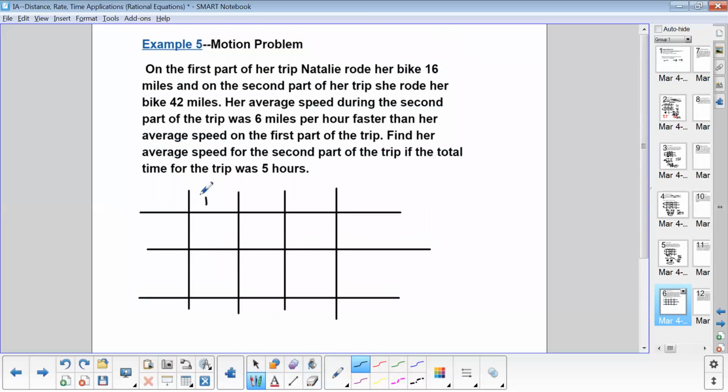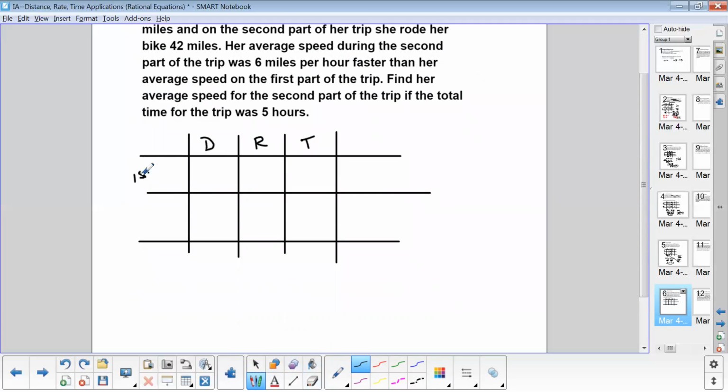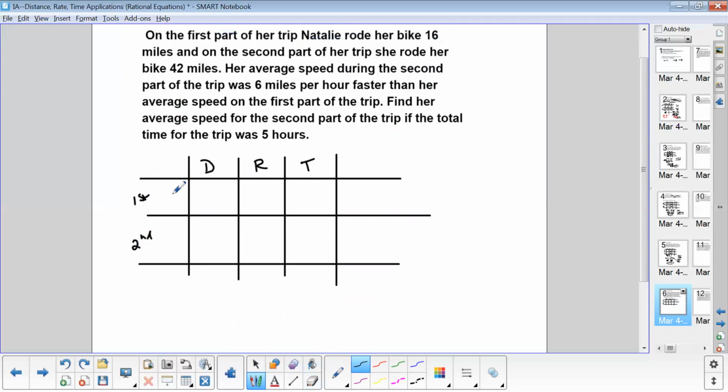So we'll say distance, rate, time, and we'll look at the first part and the second part of her trip. The first part of her trip, she rode her bike 16 miles. Second part, she rode it for 42 miles. Her average speed during the second part of the trip was 6 miles an hour faster than her speed on the first part.